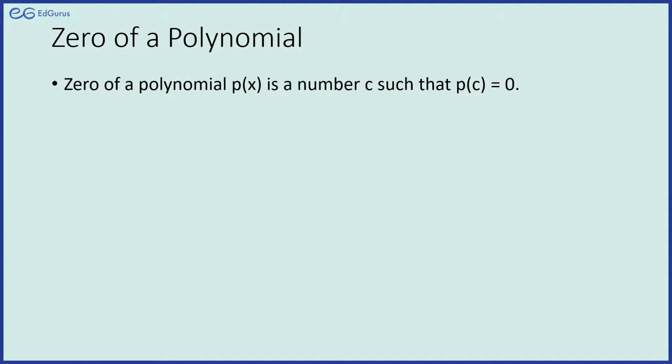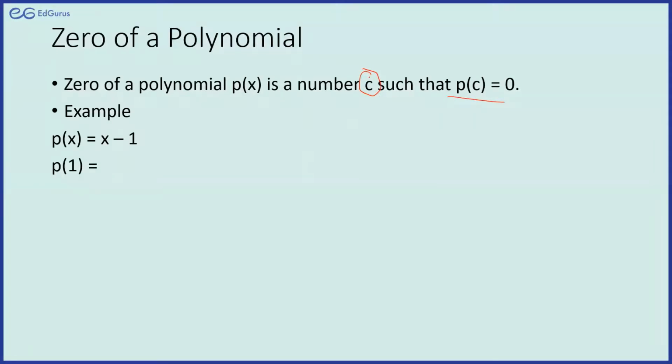So it is a number C, कोई ऐसा number जिसके लिए polynomial की value 0 हो जाती है. Okay, so suppose I find some P of C और उसके लिए मुझे मिलता है कि polynomial की value 0 है. So then C is the 0 of that polynomial. It is called the 0 of this polynomial.